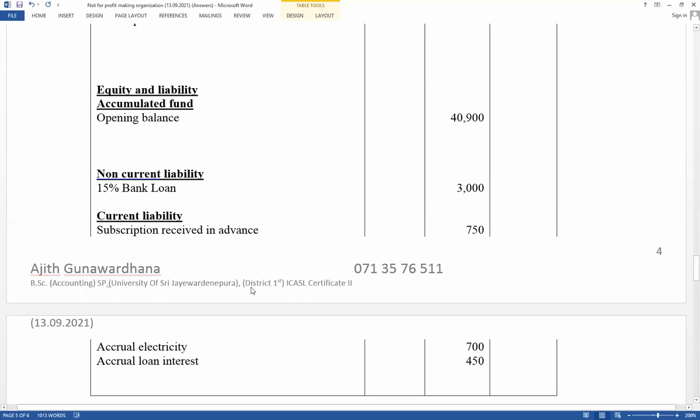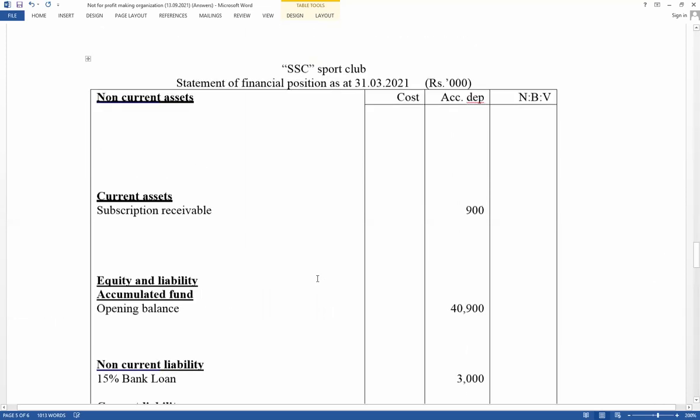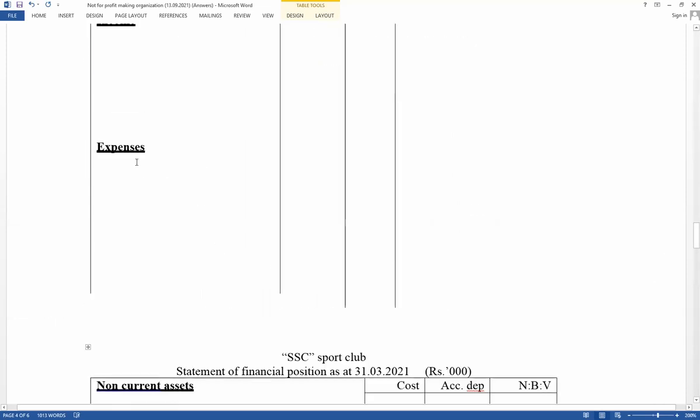As well as income statement under expense as a loan interest, same value. Paid or not, we have to consider as expense. As a loan interest, as expense, we have to consider 450. Paid or not, for the year value should be considered as expense. Bank loan එක ඉවරයි.